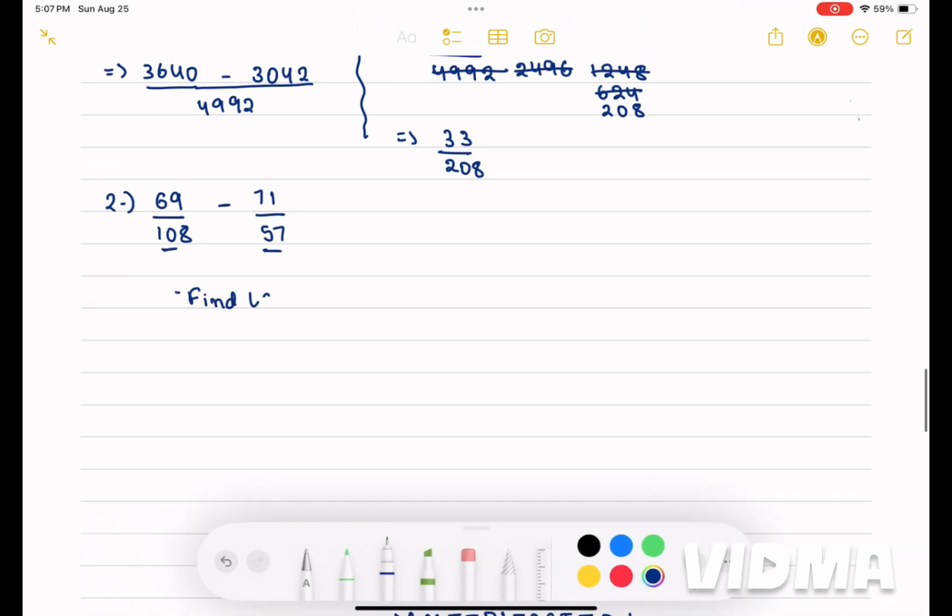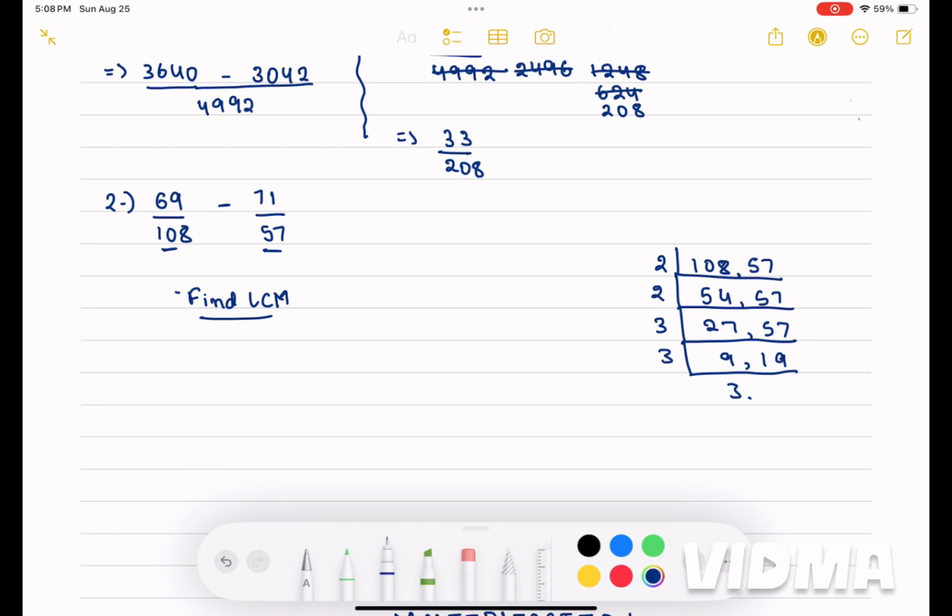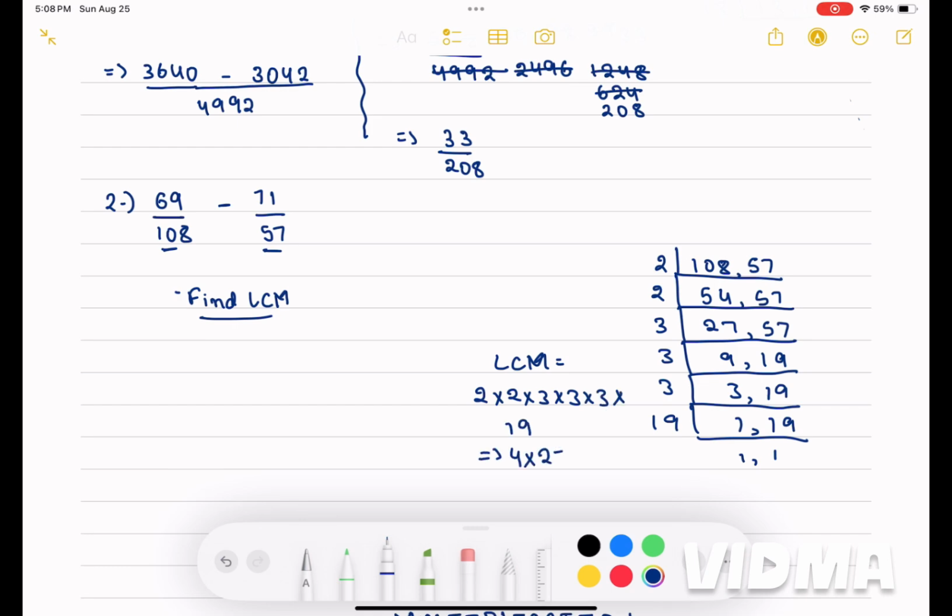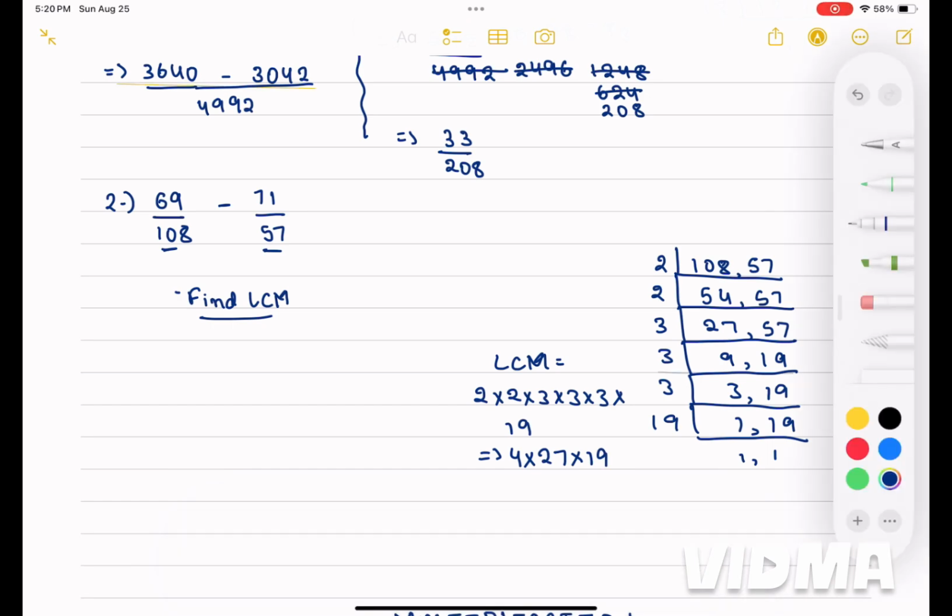One more problem. Once more, the denominators are different. Find the LCM. There, you're almost there. The LCM is 2 into 2 into 3 into 3 into 3 into 19, and that's 4 into 27 into 19.